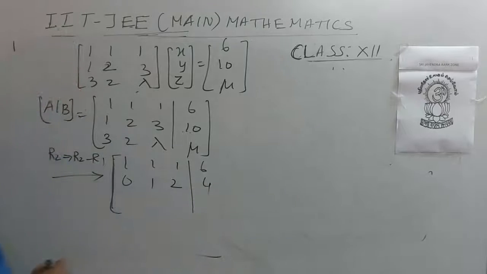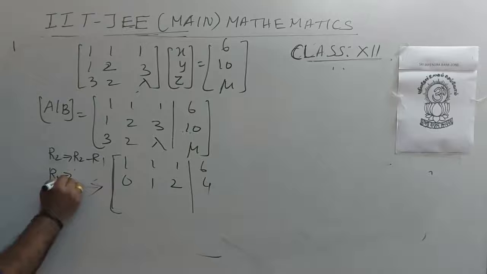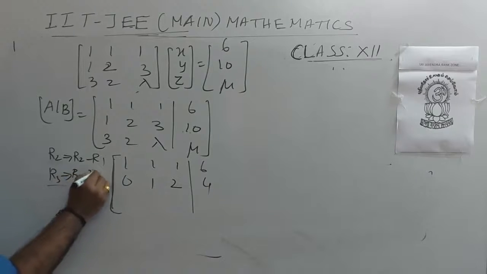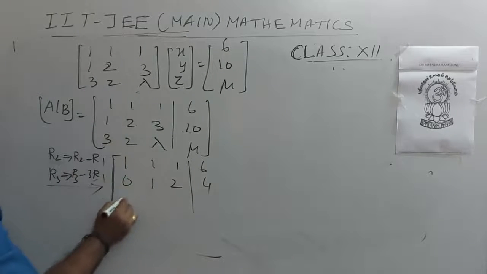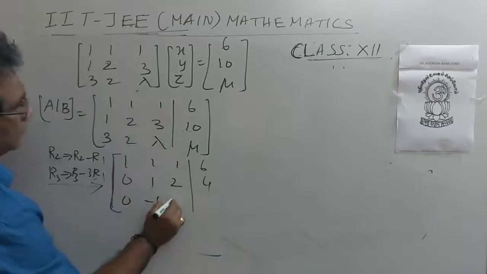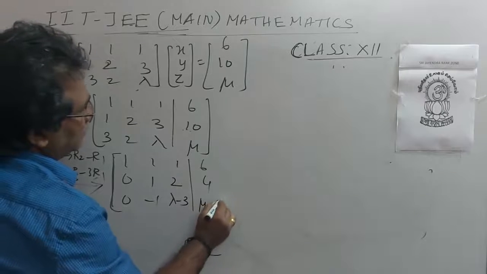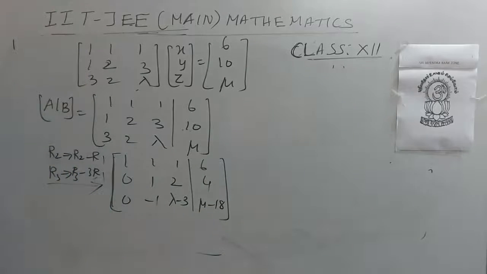Here 10 minus 6, 4. R3 implies R3 minus 3R1. 3 minus 3, 0. 2 minus 3, minus 1. Lambda minus 3. Mu minus 18.